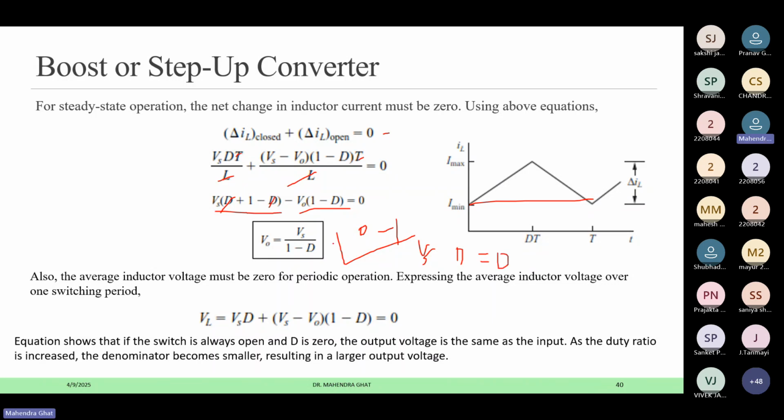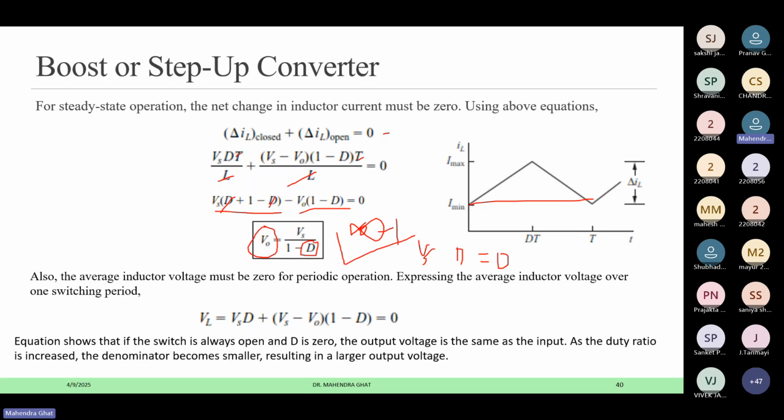Okay. Now when D is equal to 1, 1 minus 1 is 0. Vs by 0, you will get infinite. So ideally, you should get infinite output voltage by varying D. But in practice, it is not possible.